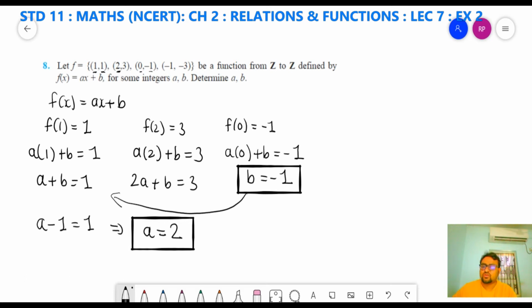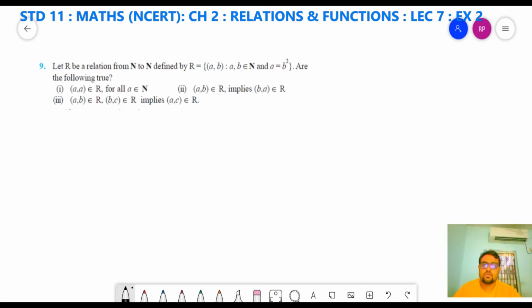Now let's move to the next, that is question number 9. Let R be a relation from N to N defined by R equal to the ordered pairs (a, b) such that a, b belong to N and a is equal to b square.